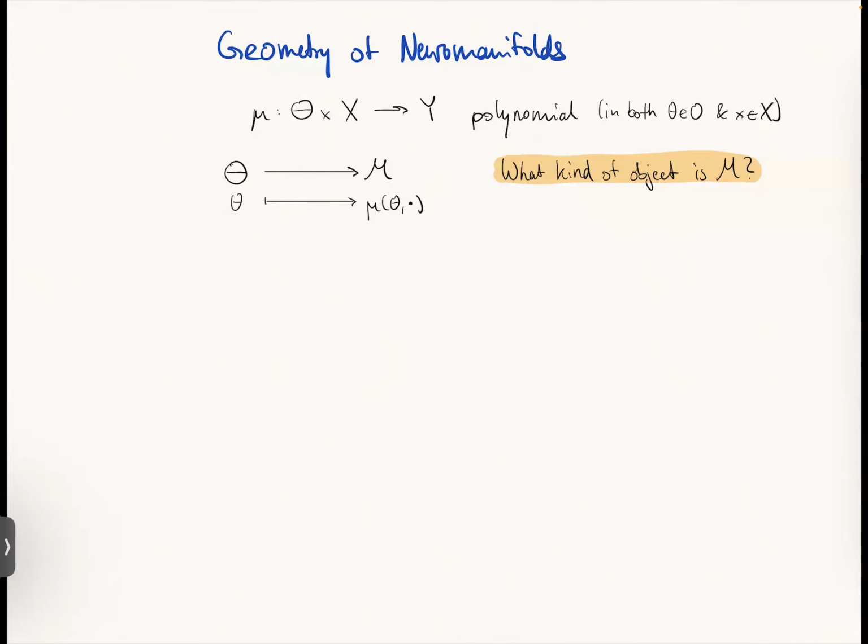I don't know what language you have here in this seminar. Is it a semi-algebraic set? Oh, sorry, this isn't mu, this is the image of mu. So maybe a semi-algebraic set? Yeah, exactly.